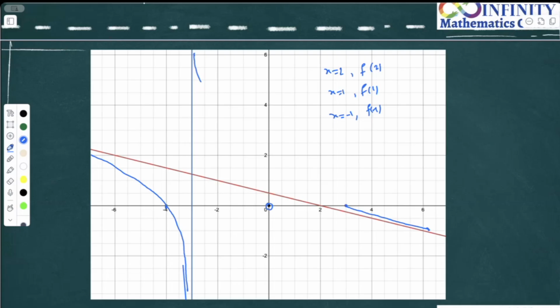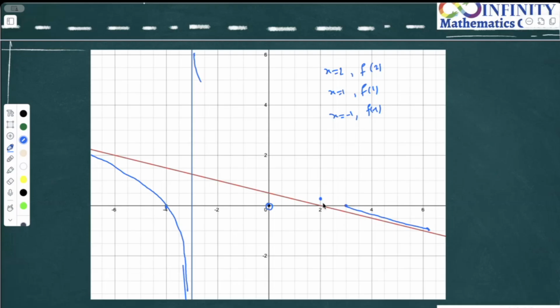For 2, it would be 12 over 40, which is 3 over 10. So 0.3, that means it is close to 0. 0.3 will be somewhere here.